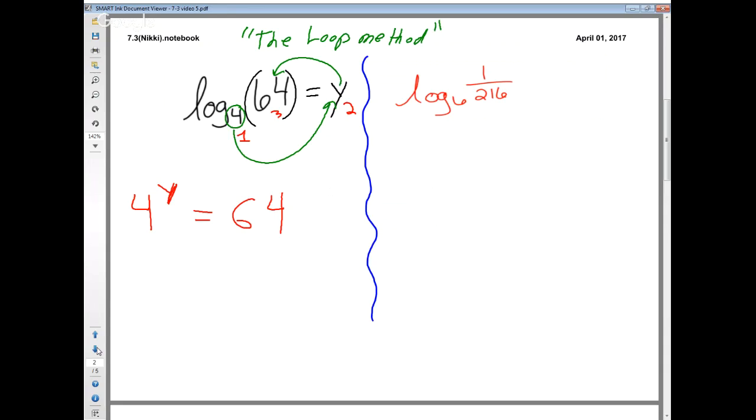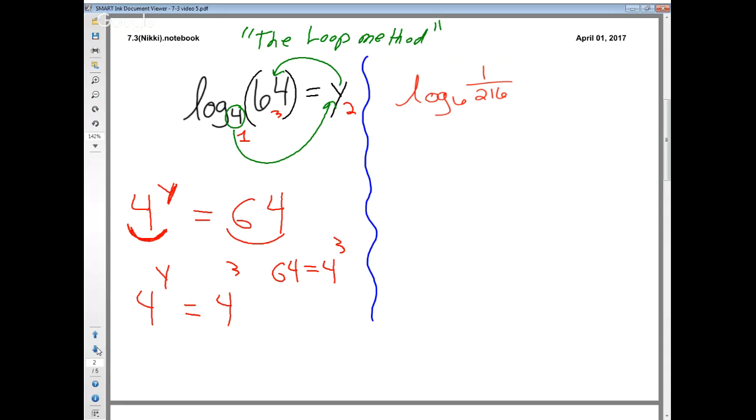So in other words, let's take a look at these 2 parts and try to make their bases the same. Some of you have already had some experience with 64, where we know 64 is the same thing as 4 cubed. And that would be useful to us since our other base is 4. So let's use that fact to rewrite our equation. We still have 4 to the y, and let's replace 64 with 4 cubed.